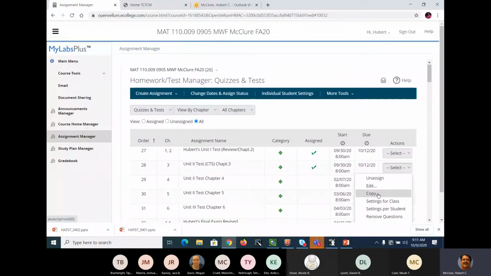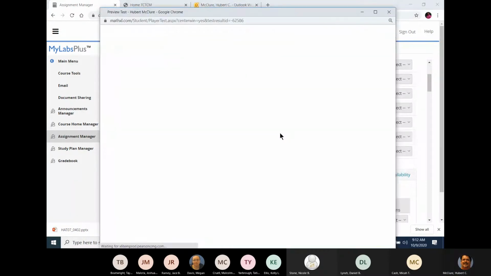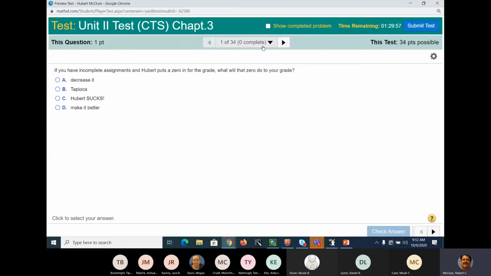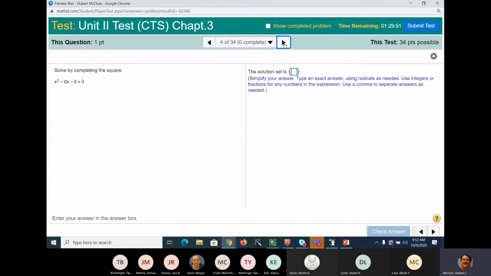I think we did about 4 or 5 completing the squares last time. So let's see what we got. Okay, so we're going to skip that. We're going to skip that. Skip that. Okay, this one's pretty simple.